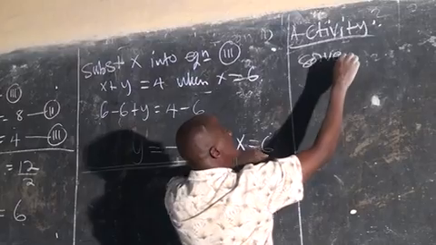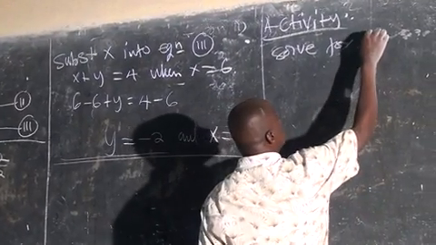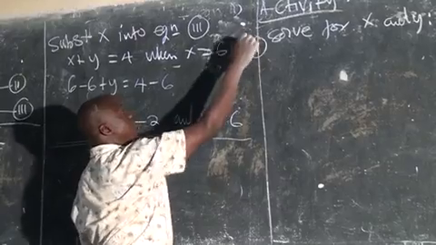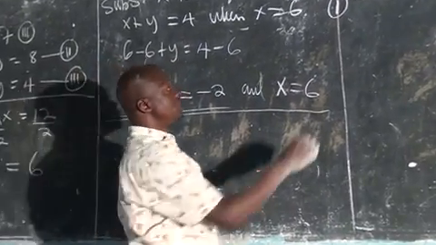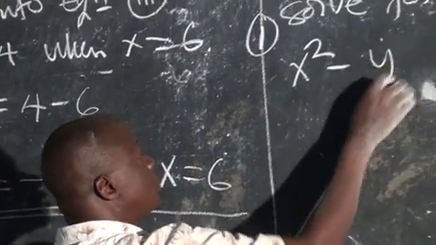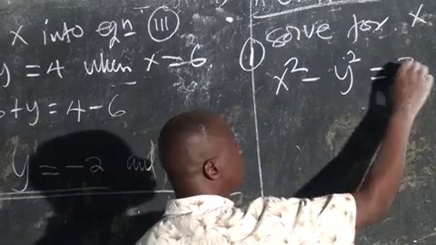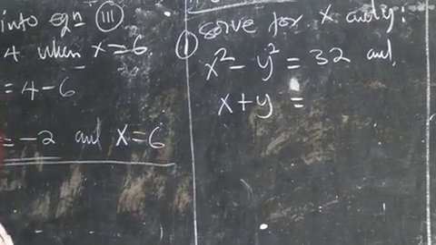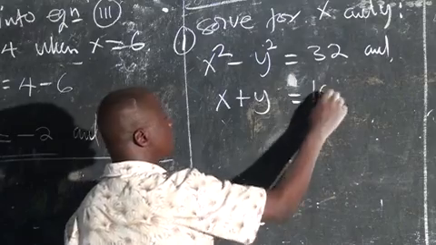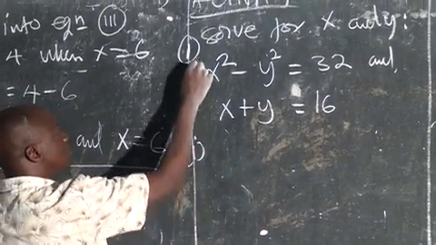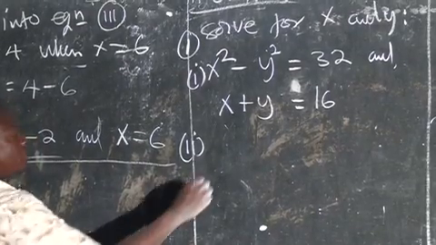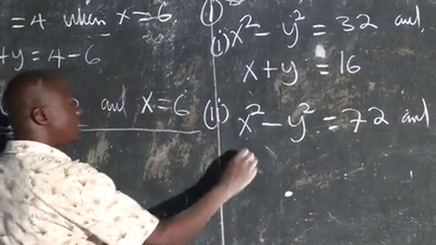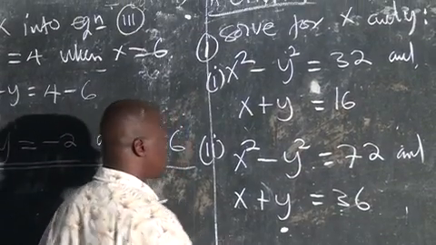Solve for x and y. Number 1: x squared minus y squared is 32, and x plus y is 16. Number 2: x squared minus y squared is 72, and x plus y is 36.